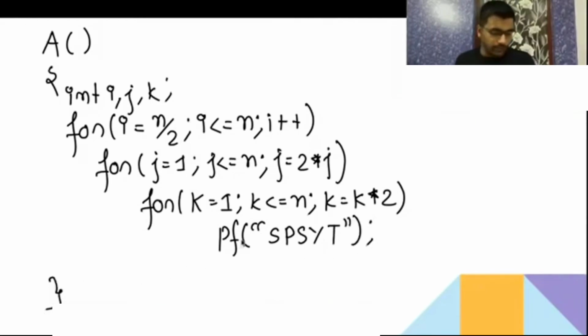Execute and see, all these for loops are independent of each other. This is going to execute n by 2 times.